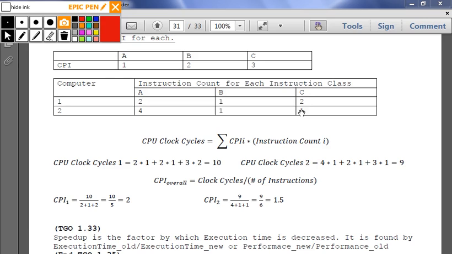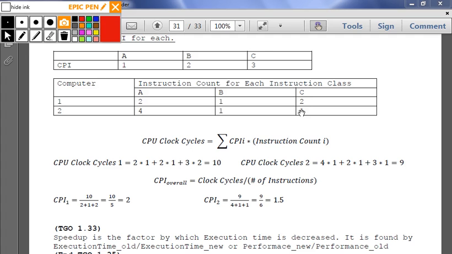So 10. And then for computer 2, it's 4 times 1, then 1 times 2 for B, and then 1 times 3 for C. So this becomes 4, plus 2 is 6, plus 3 is 9.